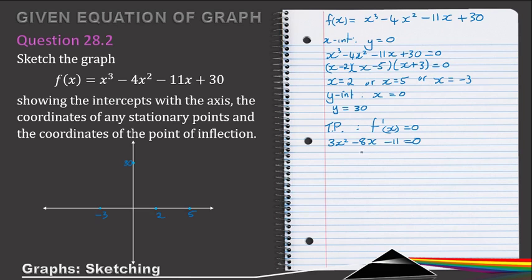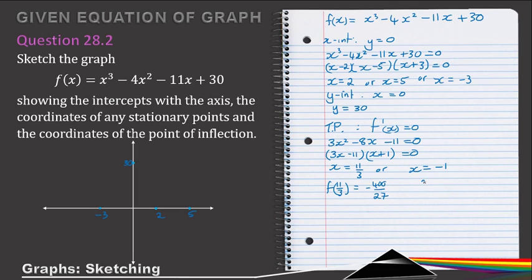If I factorize that, then I get (3x minus 11)(x plus 1). And therefore, my x values are at x equal to 11 over 3, or x equal to negative 1. Okay, so to find my y values, I substitute those values into the original graph, and that would then give me negative 400 over 27.